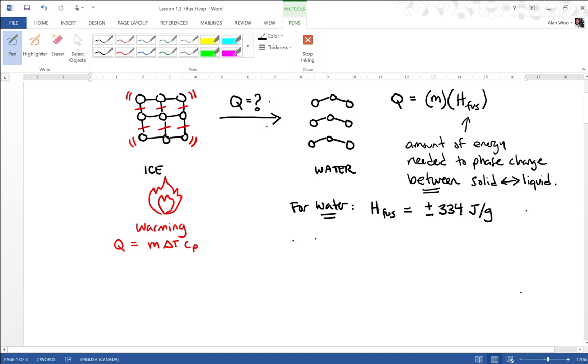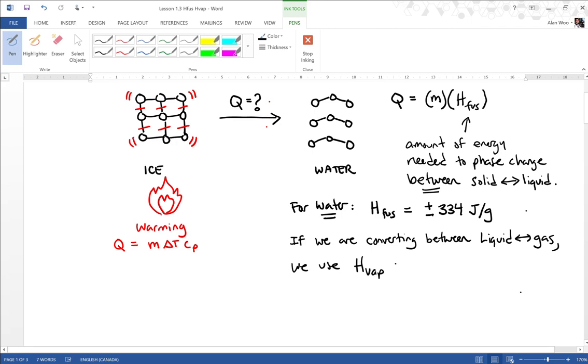If we are converting between liquid and gas, we use heat of vaporization, or Hvap.